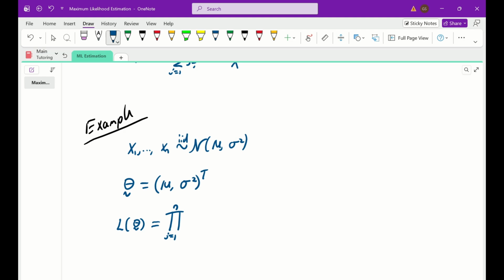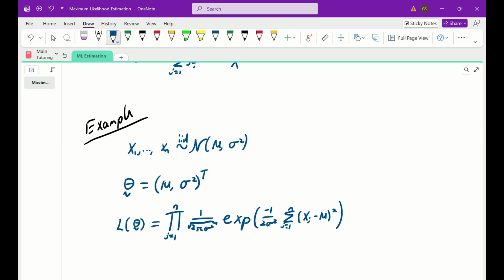And now, recall what the density function is for a normal distribution. So for a normal distribution, the density function is 1 on square root 2 pi sigma squared exp negative 1 over 2 sigma squared sum from j equals 1 to n of xj minus mu squared.